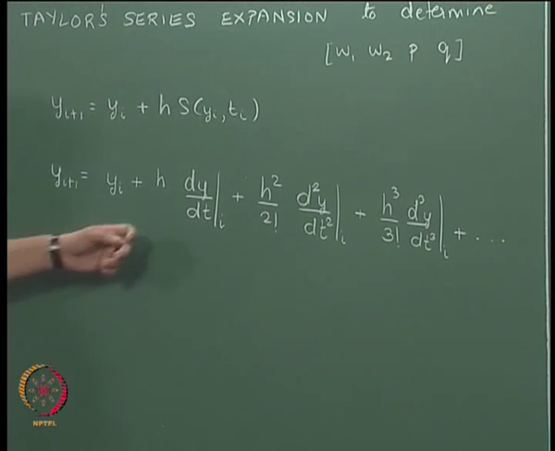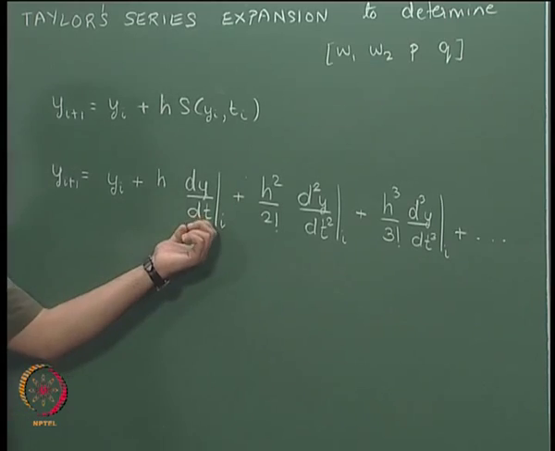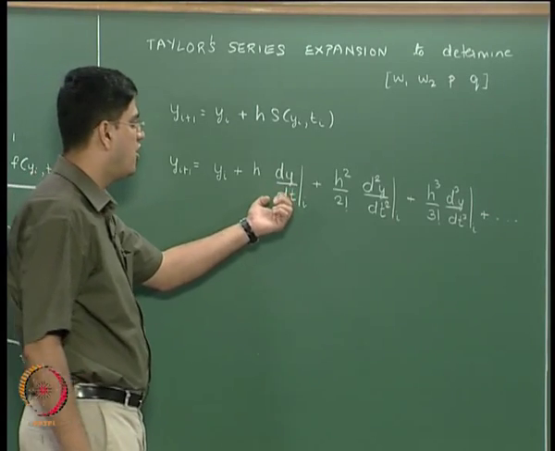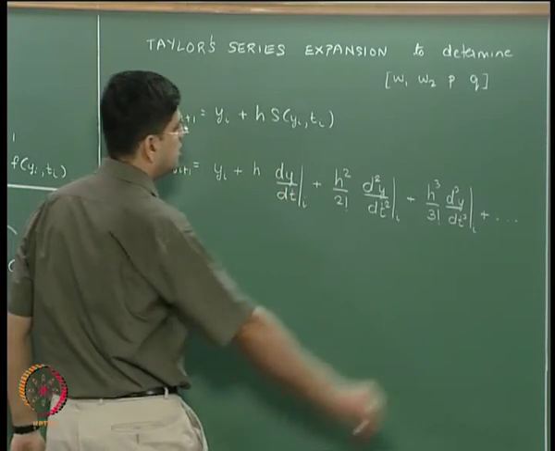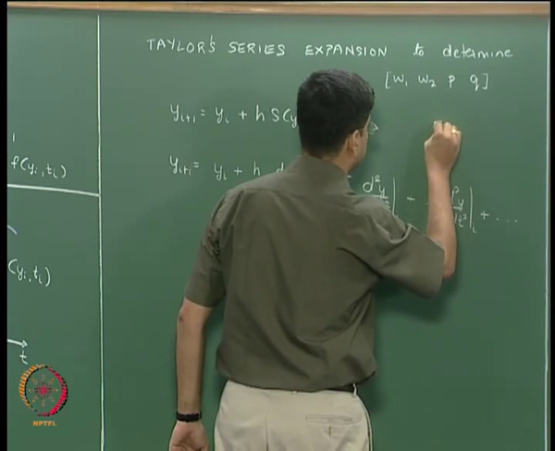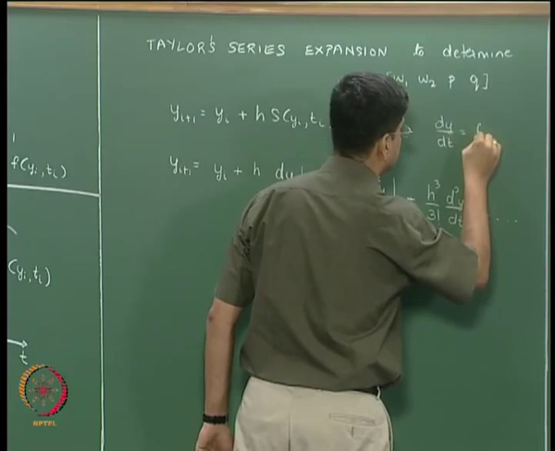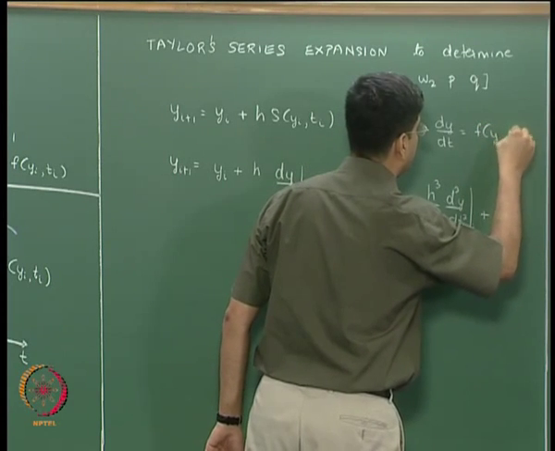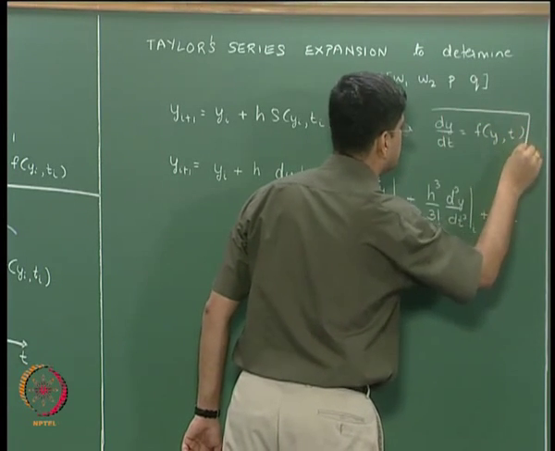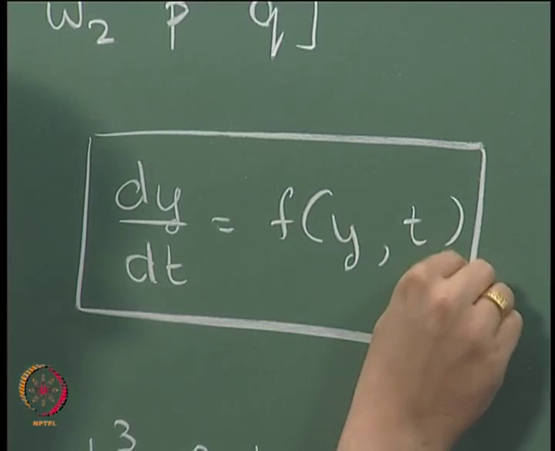Okay. Now, dy by dt computed at i is nothing but f of yi comma ti. Recollect that the ODE that we are trying to solve is dy by dt equal to f of y comma t. Okay. So, this is the original problem.